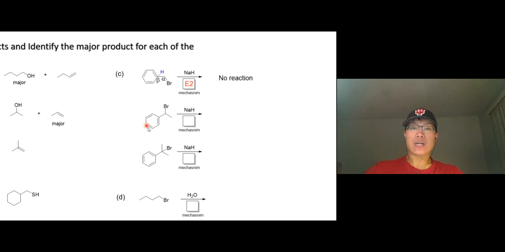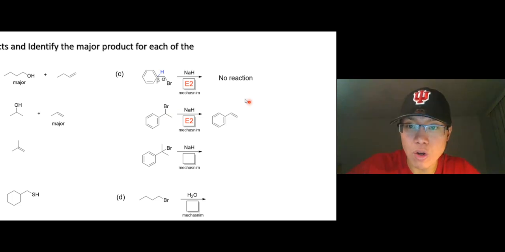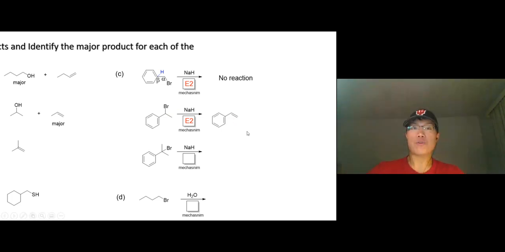Now, second one right here, sodium hydride is going to go E2, of course. There are 3 beta hydrogens on this carbon. Pick one. You get this compound called styrene, like styrofoam. And last one, tertiary alkyl halide, so it doesn't matter. You have 3 beta hydrogens here, so you can go E2.